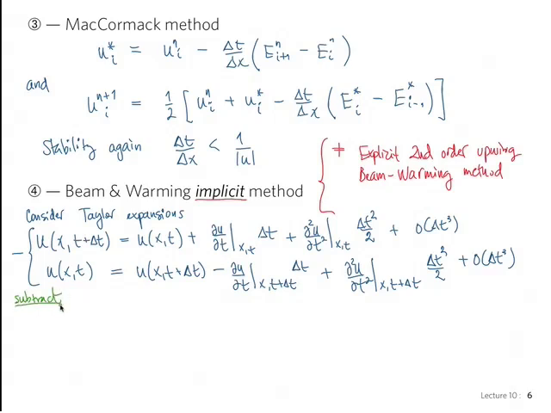And when we do that, notice we're going to subtract this equation from this equation. So I'm going to have this term on the left-hand side, and again another one of these on the right-hand side, but this one's going to have a minus sign. So I'm going to move it to the other side, and I'm going to have two of these.